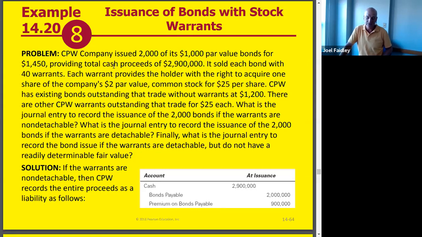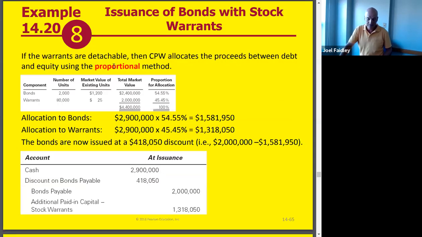You didn't even talk about interest rates. You just know it's a premium because I've got to make a credit entry. Well, premiums are always credit entries. It boosts the actual bonds payable balance there to the cash proceeds. So that's easy. That's just like what we did.